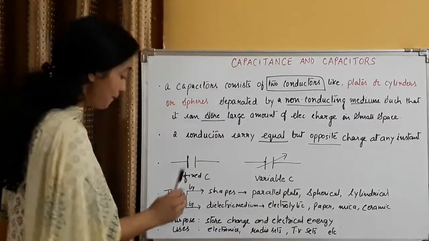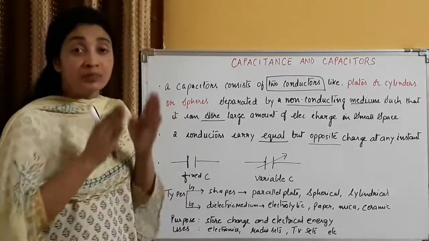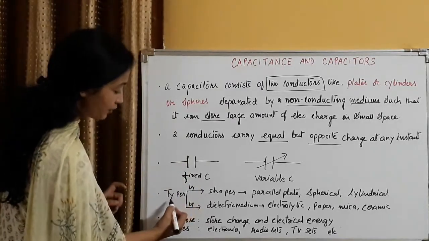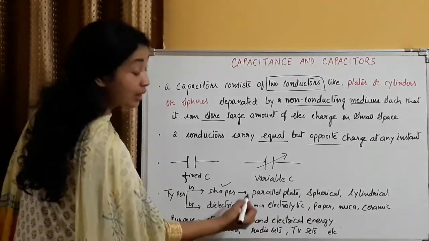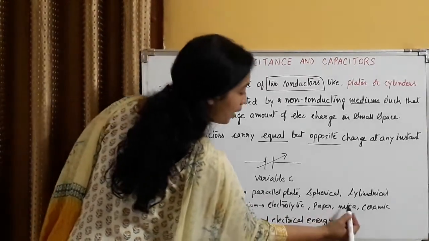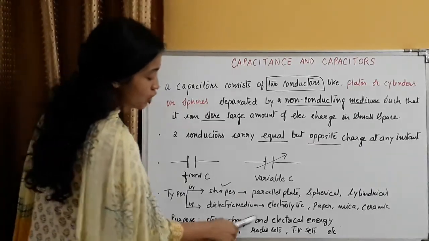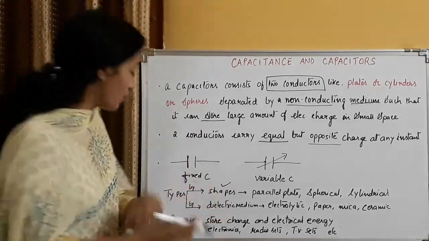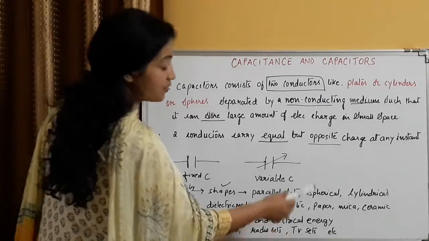But if you categorize the capacitors based on the nature of dielectric medium between the two conductors, then they can be of types electrolytic, paper, mica, ceramic, and so on. Purpose: the purpose is to store charge and store electrical energy. It has the ability to store charge and release large amount of charge. Uses: mostly it is used in computers, electronics, radio sets, TV sets, etc.